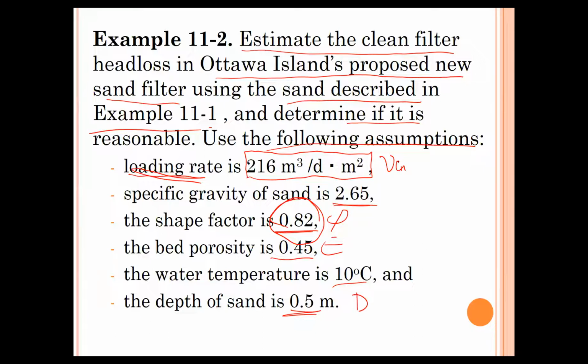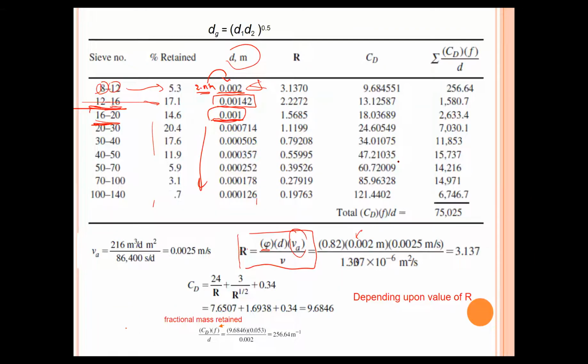You have to convert it into meter cube per second meter square, or meter cube per meter square second, or meter per second. So we just convert days into seconds.